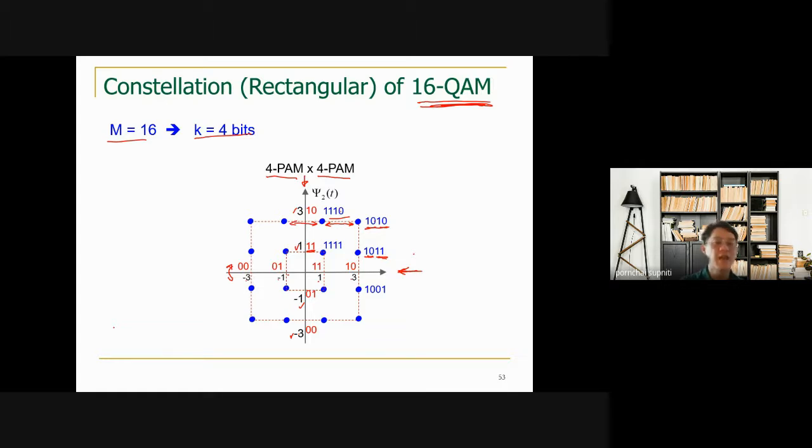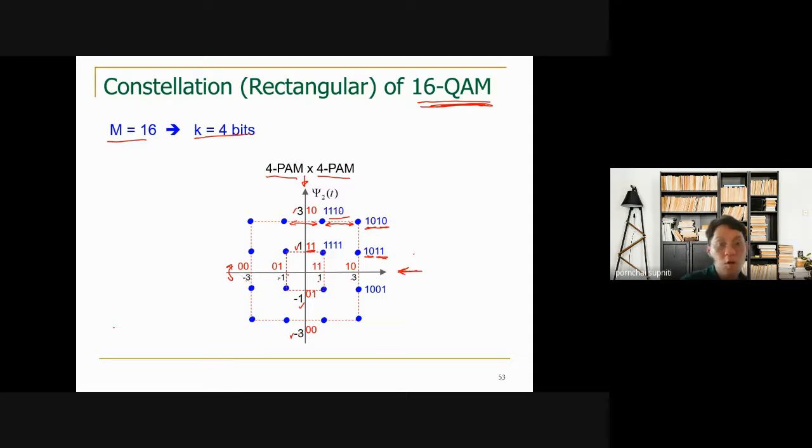If you don't understand how they come about, then you become very puzzled. Oh, what are these? Sometimes they show the formula, accompanied by the bit assignment and then the vector plot constellation. That's why I think it's important to look at this vector plot as well.